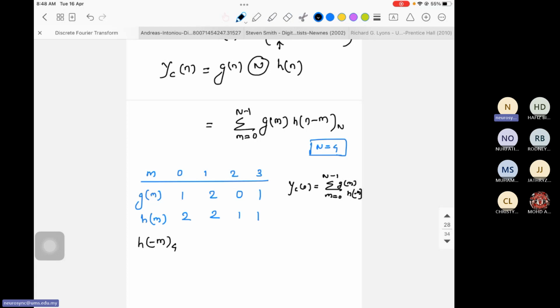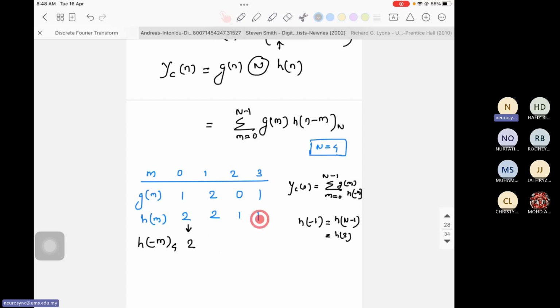Okay. Now, this h of minus m is nothing but what? For 0 value, it will be h of 0. H of minus 1 is what? H of minus 1 is equal to h of n minus 1 because this is circular in nature. Therefore, h of 3, 4 minus 1, 3. This is the value of h of 3. This is h of 0, h of 1, h of 2, h of 3. So this h of 3 will come here.